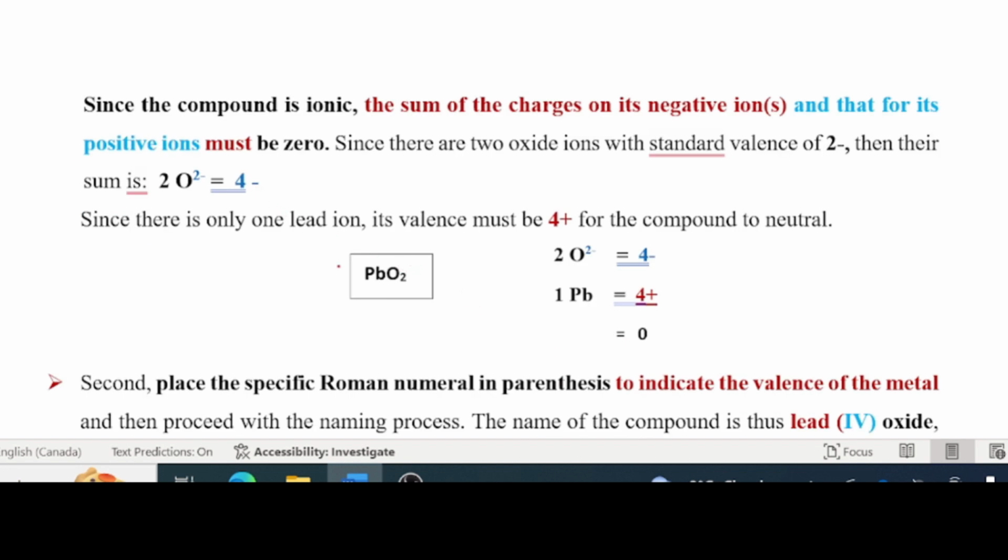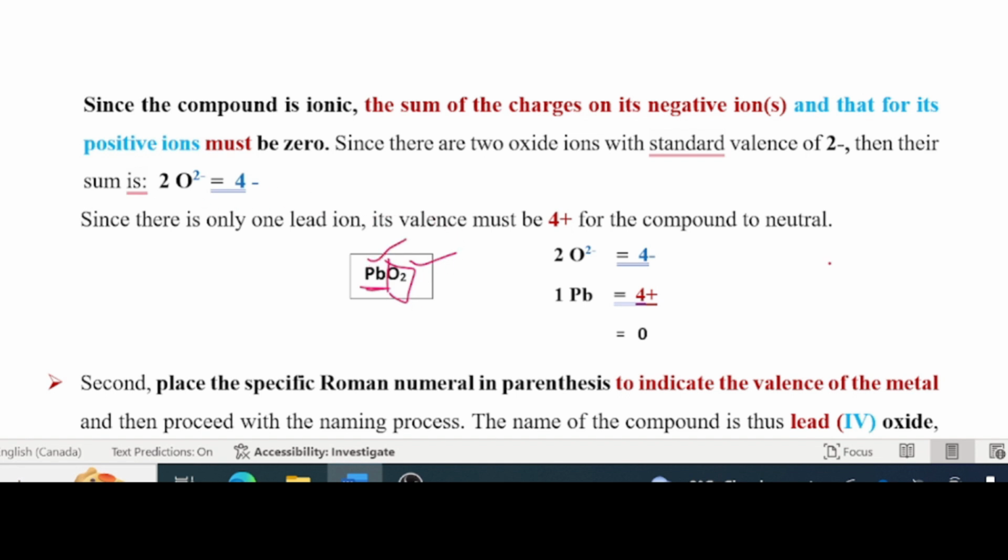Now that we know the non-metal there, and we also know which group it is from, that leads us to knowing what valence it will have. So if you know the sum of the negative valence on this non-metal, you will know what this is, because we said every ionic compound is neutral. So the negative charges on these atoms must be equal and opposite to the positive charge on the lead.